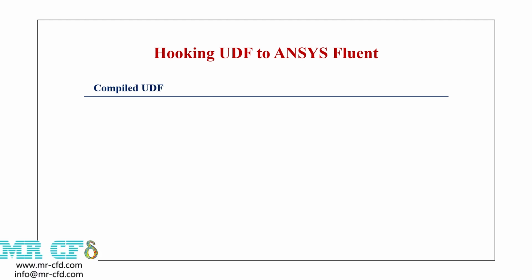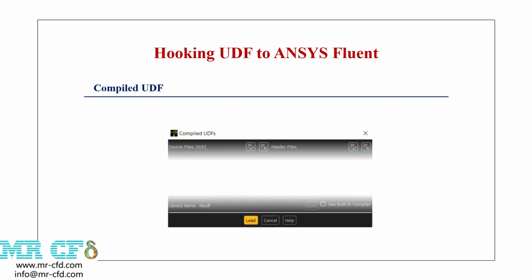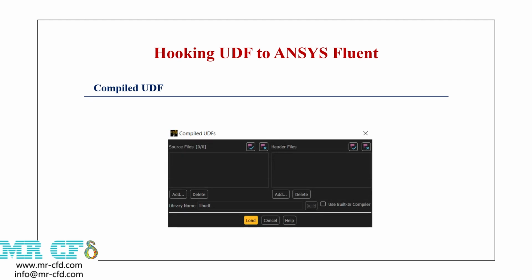When we compile a UDF file, the written code is converted into a series of library files with .dll extension to be executable on Fluent software. In fact, these created library files are a translation of the C or C++ program to be understandable by Fluent.